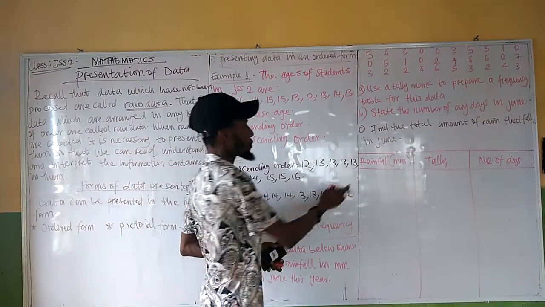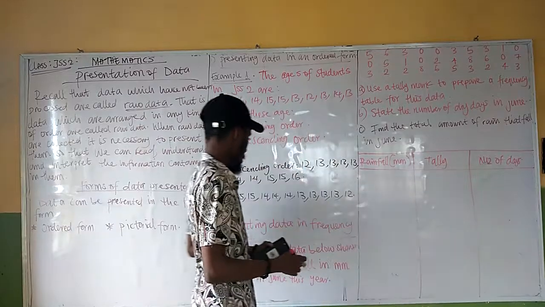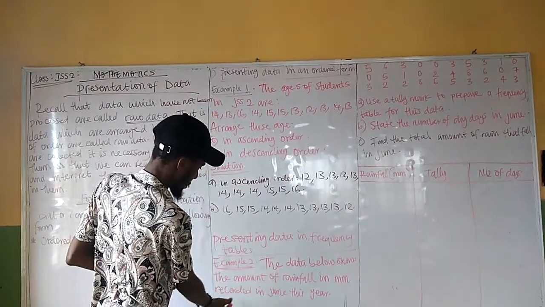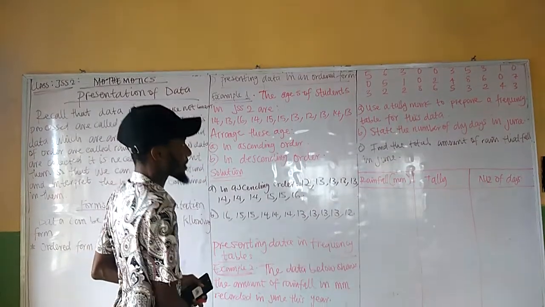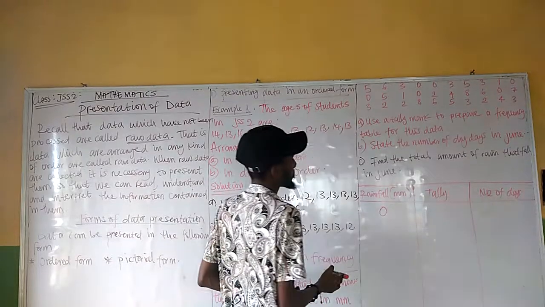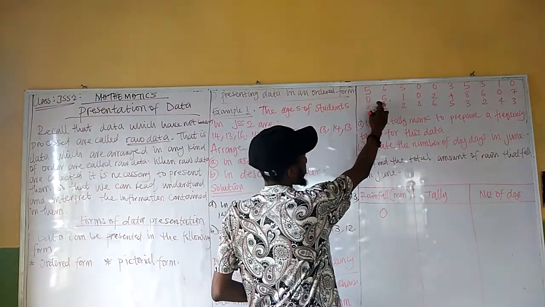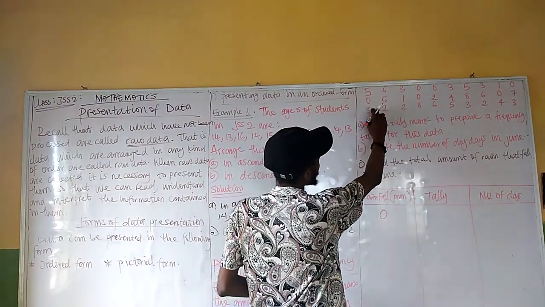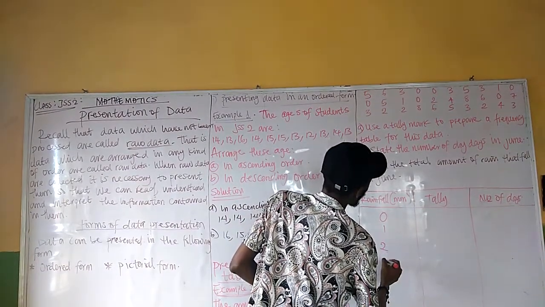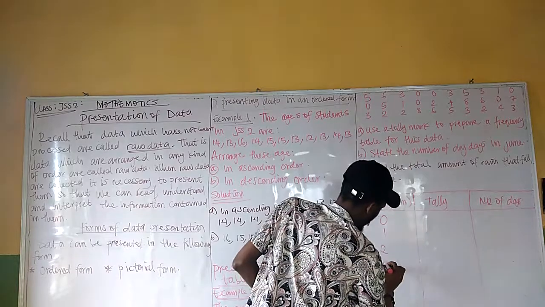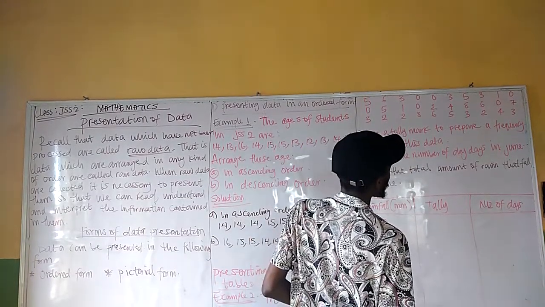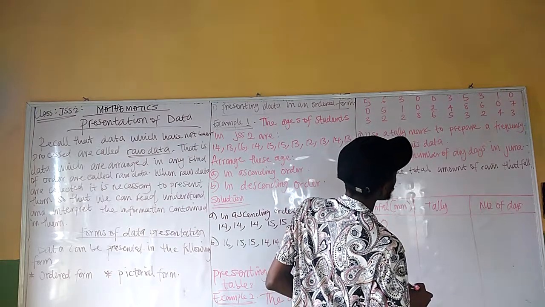So, okay, let's start. From our rainfall, the data below shows the amount of rainfall in millimeters recorded in June this year. Starting with the lowest amount there, which is 0, followed by what? You have 0 rainfall, then we also have 1, 2, 3, 4, 5, 6, 7, 8.